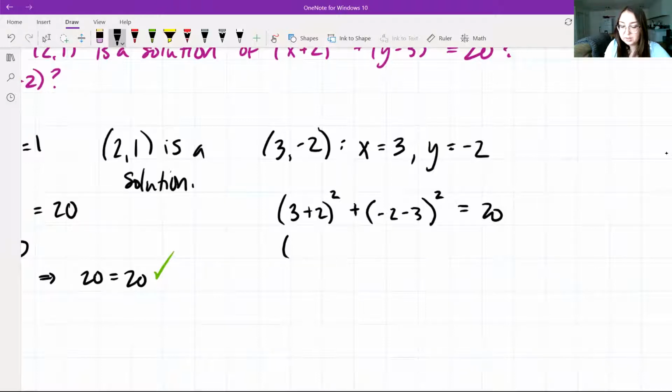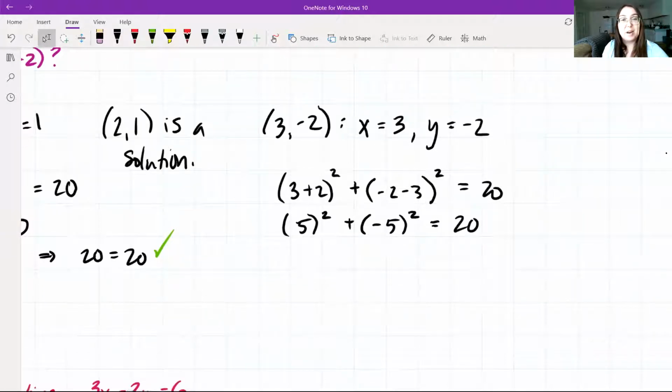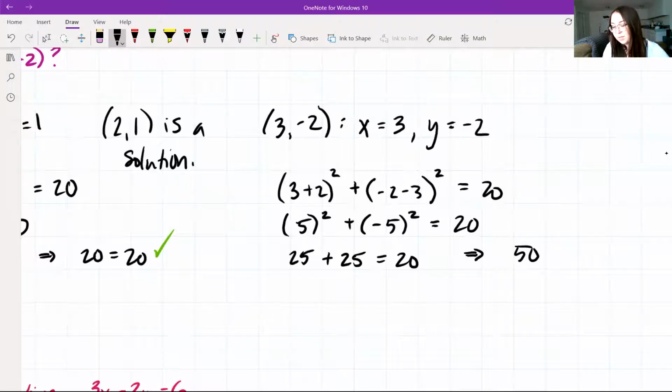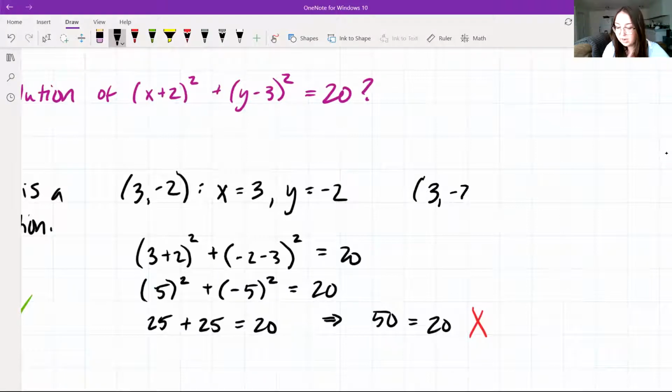So we know 3 plus 2 is going to be equal to 5, so it's 5 squared, plus -2 minus 3, well, that's going to be -5 squared, equal to 20. So we know 5 squared and -5 squared are both going to be 25. So we're going to get 25 plus 25, set equal to 20. We see that 25 plus 25 is going to be equal to 50, which we see is not equal to 20. So we would say that (3, -2) is not a solution.